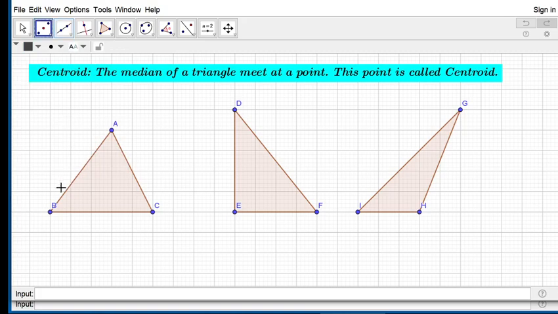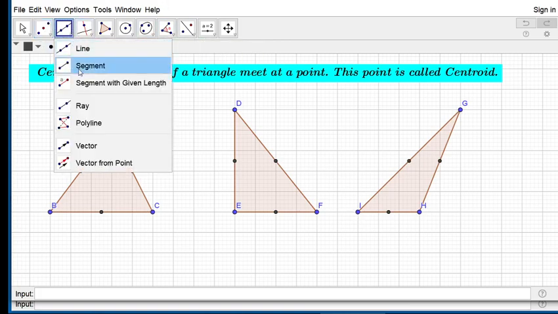Midpoint of each side, the midpoint, and the midpoint. In every triangle, let me find the midpoint of the opposite sides. Then this is the midpoint, this is the midpoint. I have fixed the midpoint of every side.